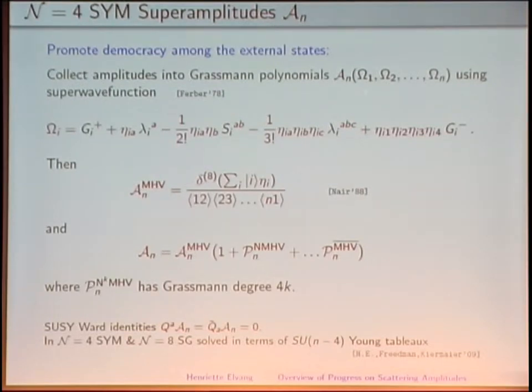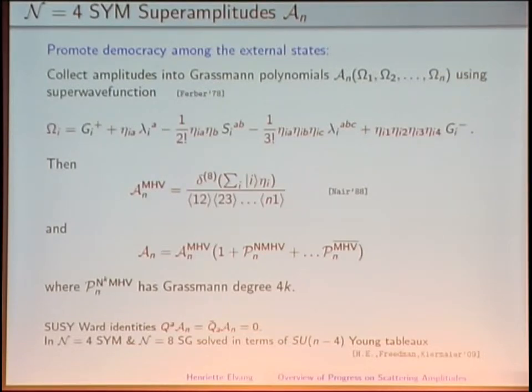Now you can think of the amplitude as a function of these super wave functions, and that means that the amplitude itself becomes a polynomial, and for the MHV sector, it's a very simple polynomial. It's simply a Grassmann delta function. This was already seen in the 80s by Nair.